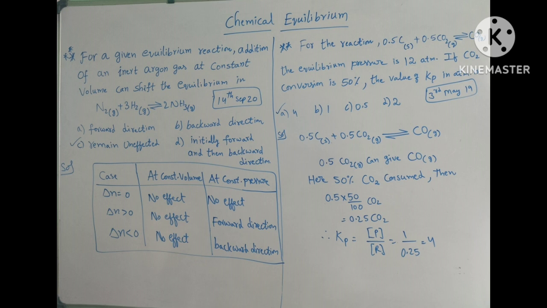That means 50% of 0.5 is 0.25. So Kp is equal to partial pressure of products by partial pressure of reactants. That is equal to partial pressure of product, 1 by 0.25. So the value is 4. So okay, thank you.